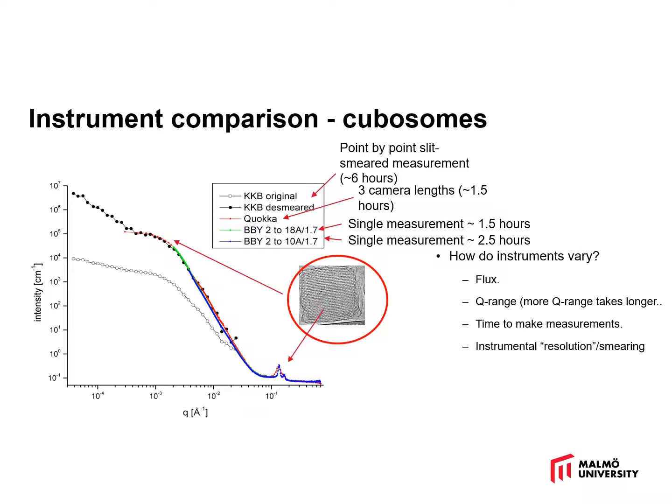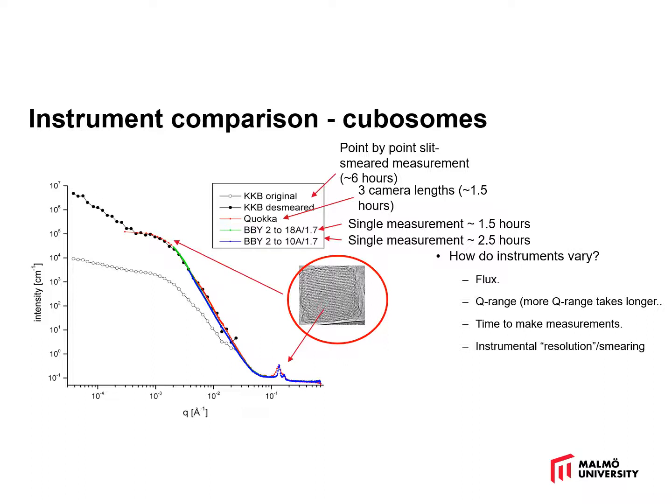The sample itself is a cubosome, so it's a particle made of lipid block copolymer particles, so there's some internal structure. If you look at the curve for Quokka, it spans from about 0.6 down to about maybe 7 by 10 to the minus 4 reciprocal angstrom.